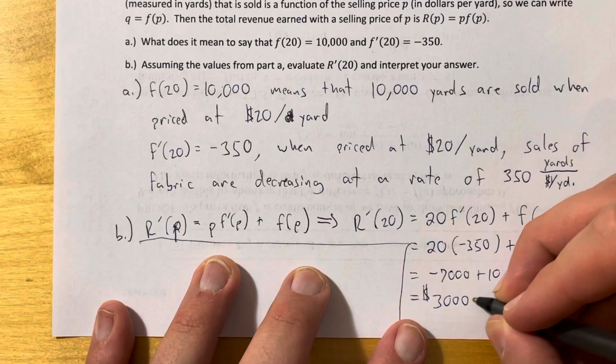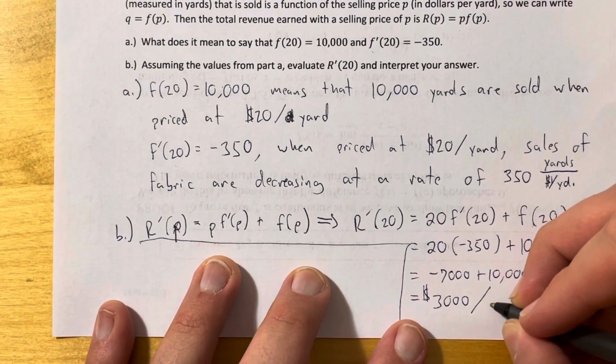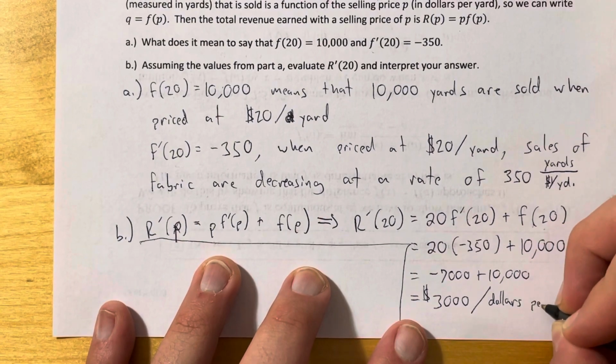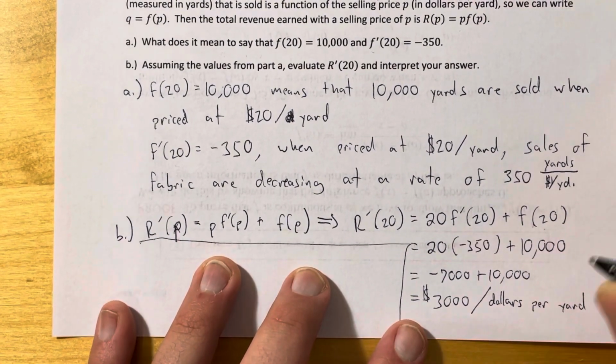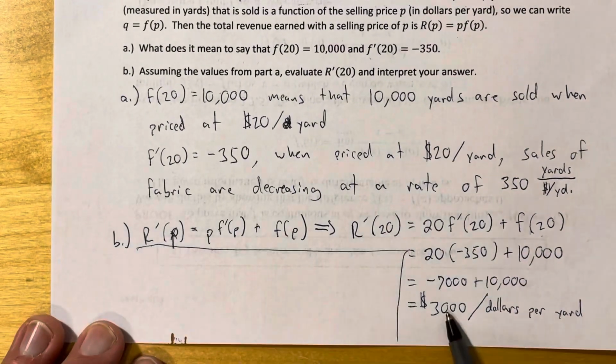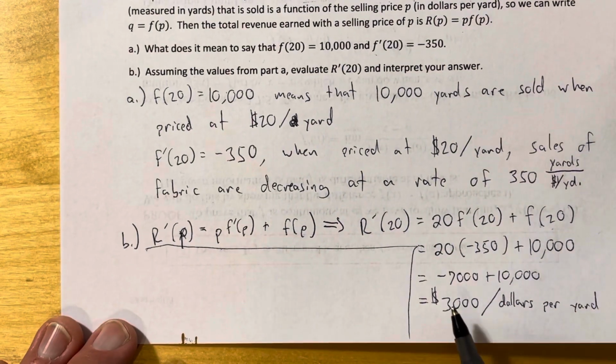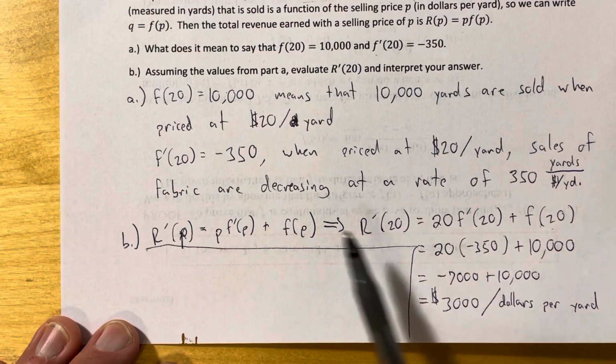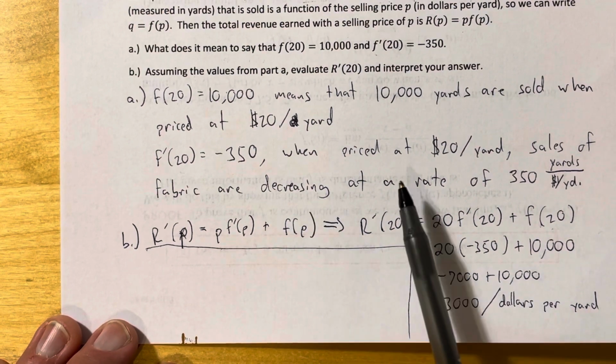So I would measure this in dollars per yard. Okay? Now this rate of change is positive, so we're actually seeing an increasing rate of change in our revenue, even though we're seeing a decreasing rate of change in our number of sales.